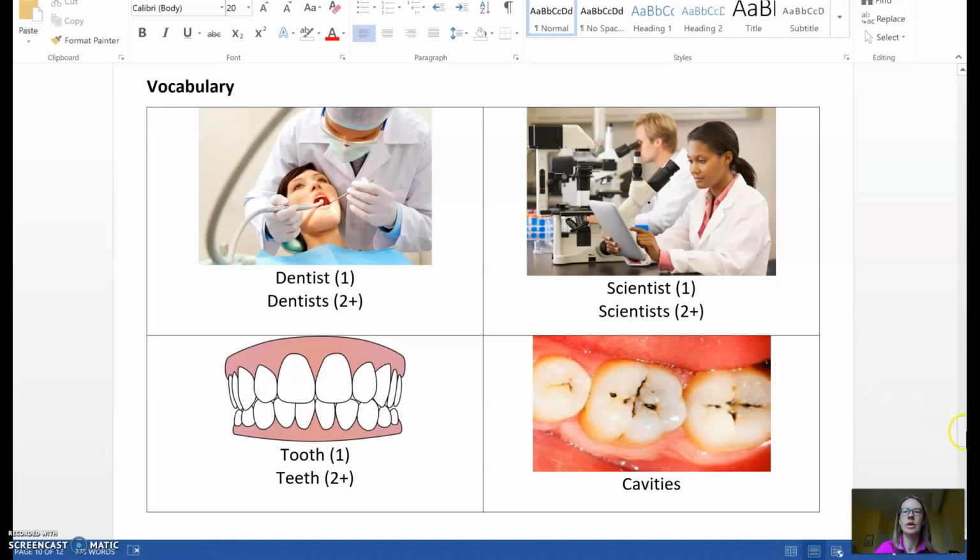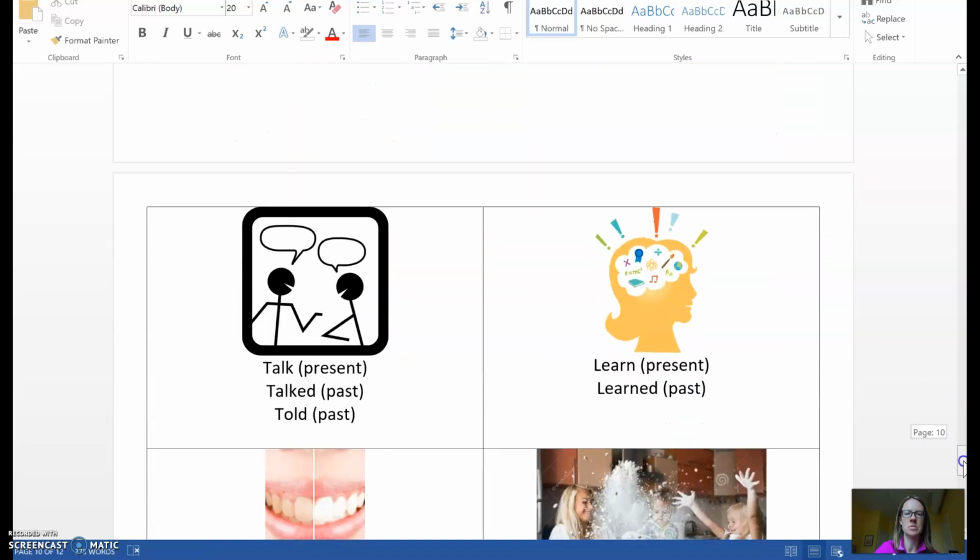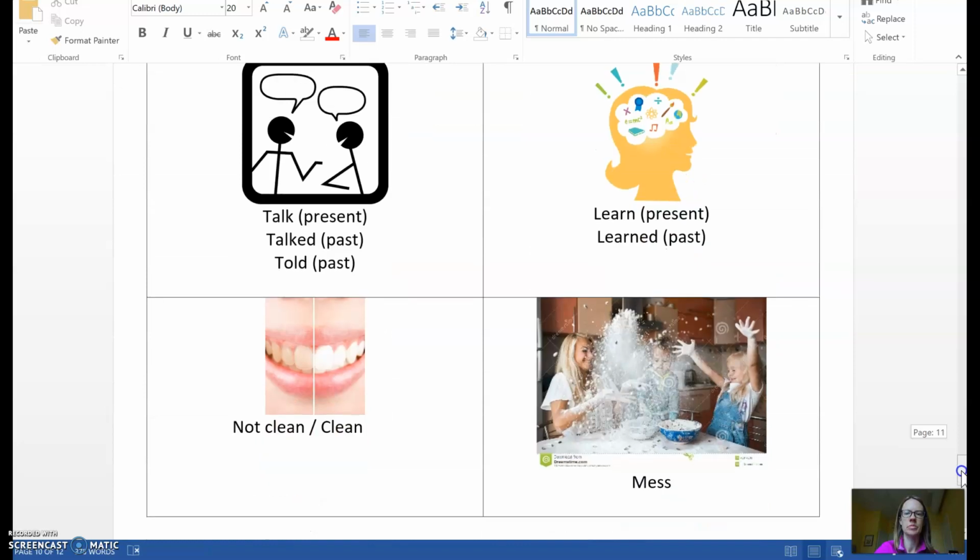Okay, here are some new words. Talk. These two people are talking to each other. That's in the present tense, happening right now. Talked, past tense. Told, past tense.